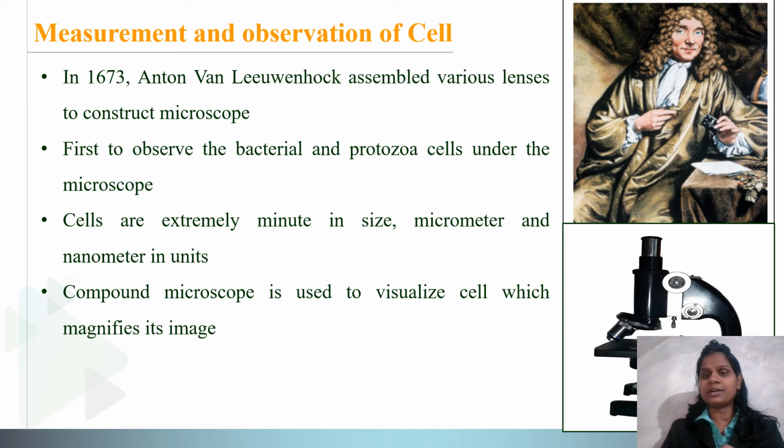You can see here in the picture, this is the compound microscope which is used to visualize the cell, because this instrument magnifies the image of cells multiple times, 10,000 times, and gives a glimpse of the cells.